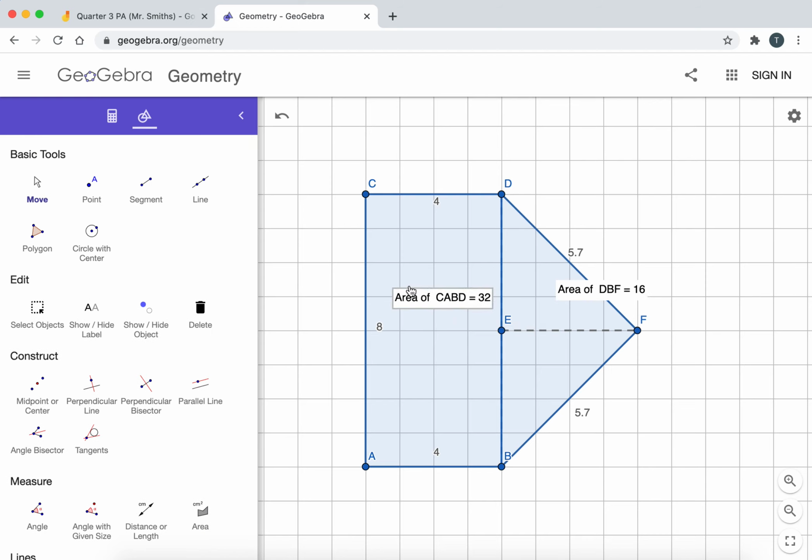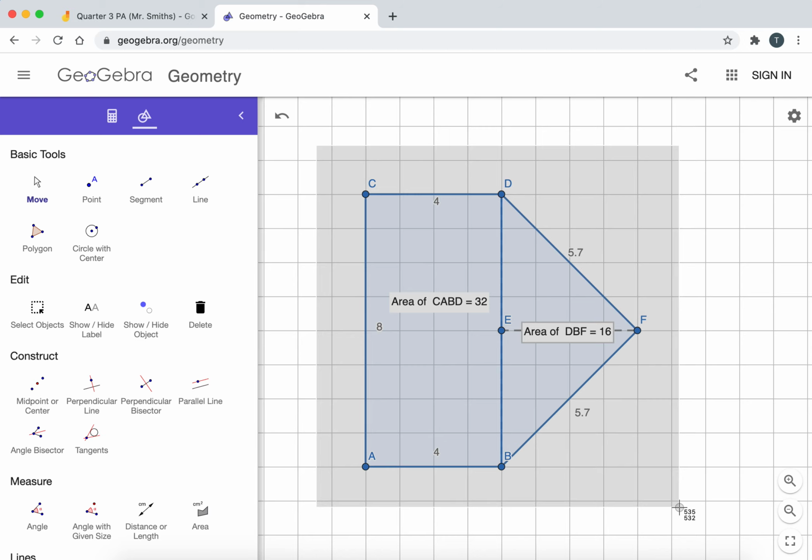The area of the rectangle is 32 units squared, and the area of the triangle is 16 units squared. From here, I'm going to take a screenshot of this figure so that I have it in my notes for later.